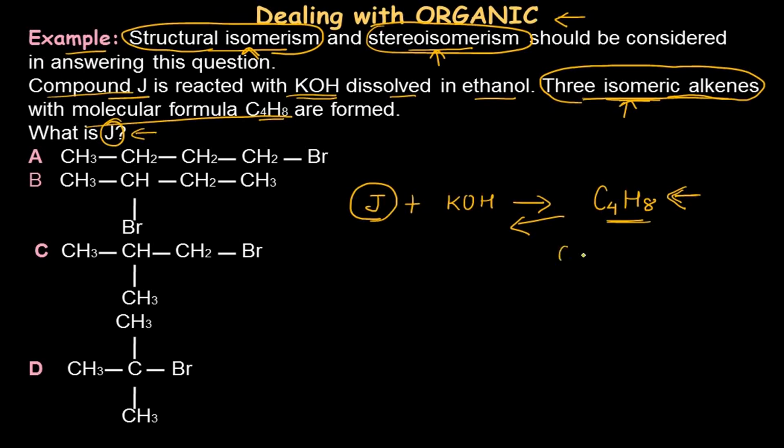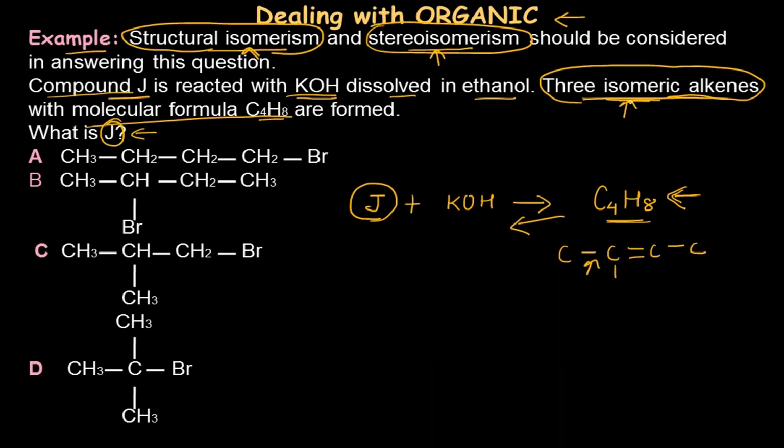Now you can always work out the structure of butene with all the 3 isomeric isomers, that is the structure can have a double bond at the second carbon atom or can have a double bond at the first carbon atom, or it may have a branch somewhere here.